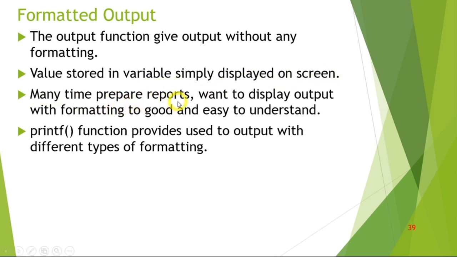Many times, to prepare reports, we want to display output with formatting, to look good and be easy to understand. So the printf function lets us output with different types of formatting. This formatting we have done actually, %2d and %4d, that is left and right alignment. Let's check.